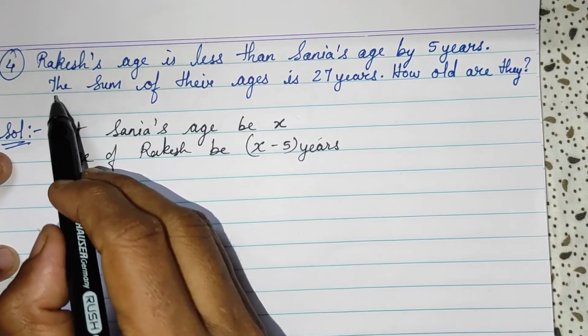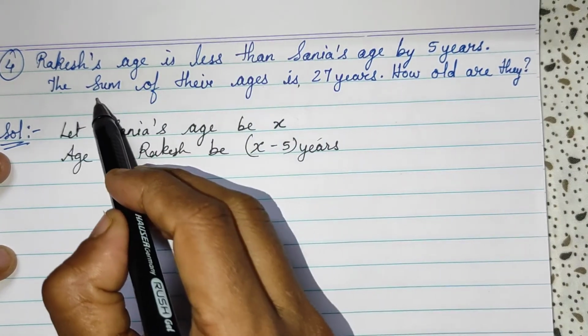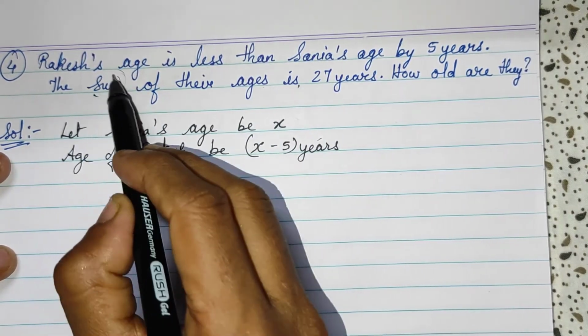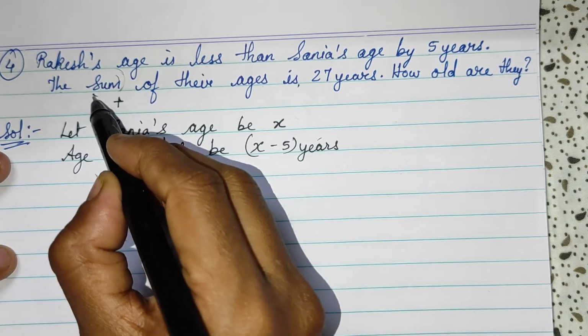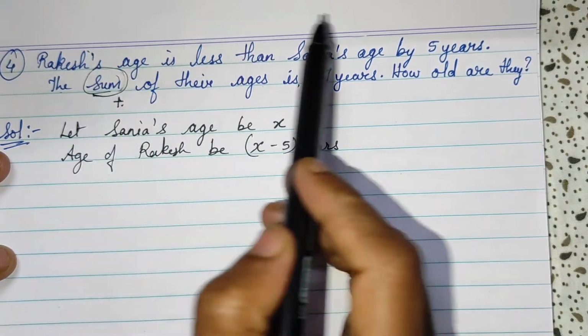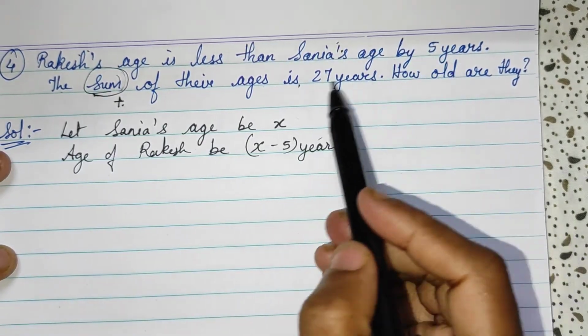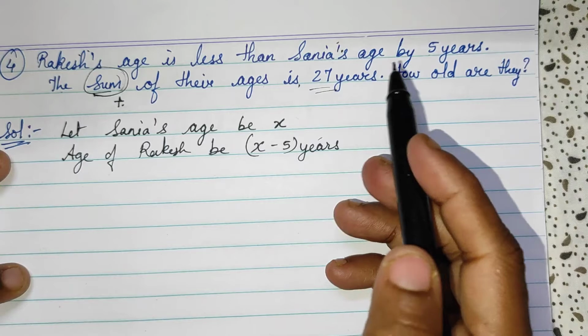Now further, what they are saying: the sum of their ages is 27. This word sum means addition. So the age of Rakesh and Sania together is 27.